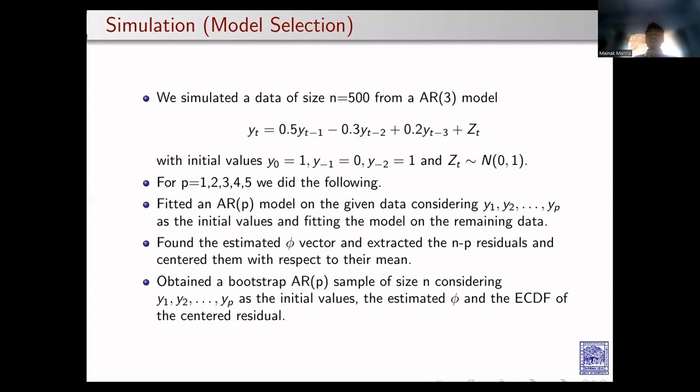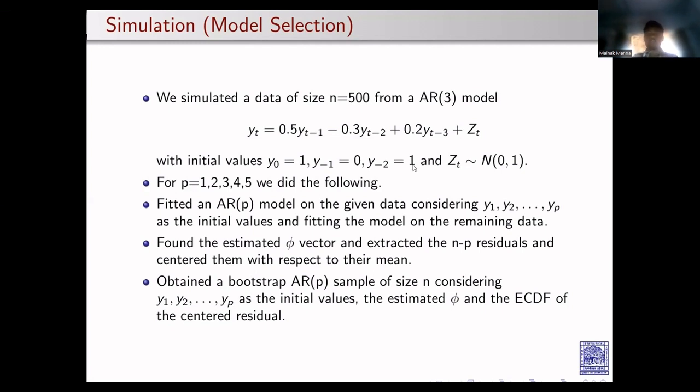So at first, I have drawn data of size 500 from this AR(3) process, where I have chosen the initial values of the process as 1, 0 and 1. So y_{-2} is 1, y_{-1} is 0 and y_0 is 1, and from that I have drawn y_1 to y_500 using this model.